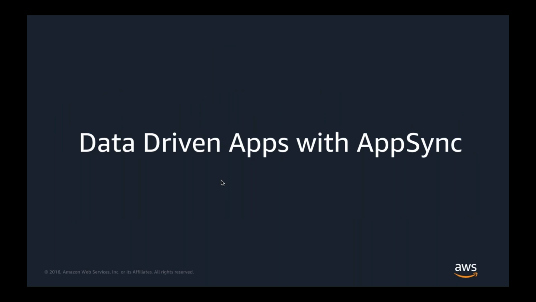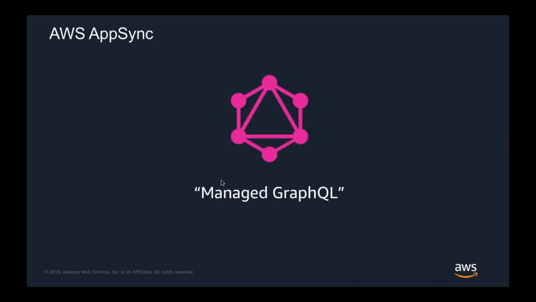So we've talked primarily about a RESTful API backend when we're talking about API Gateway with Lambda, for example. But there's another approach that's been gaining popularity, and that is GraphQL. So AWS AppSync is a fully managed serverless GraphQL service to do real-time data queries, synchronization, and other offline programming features.